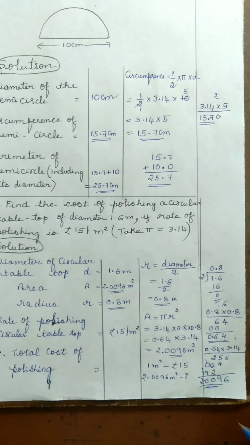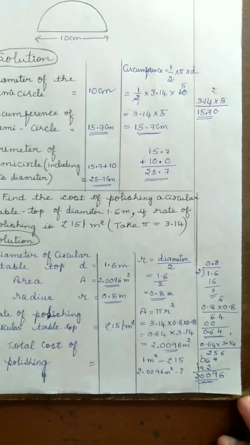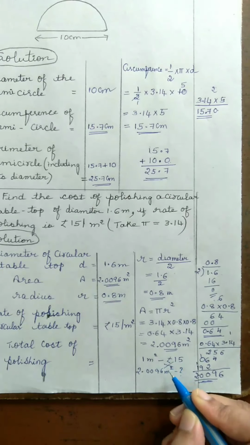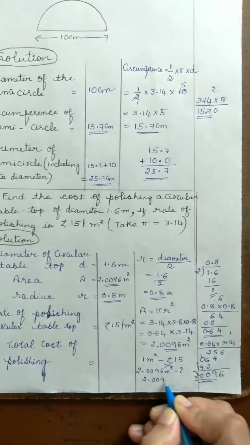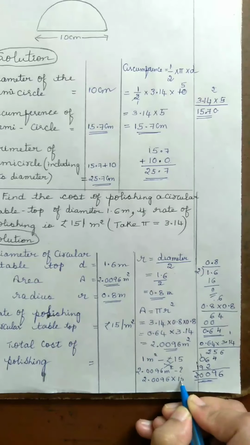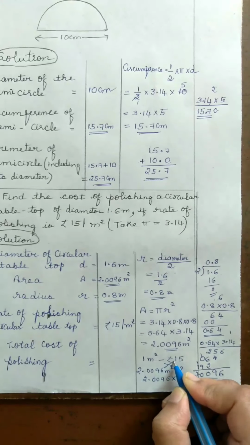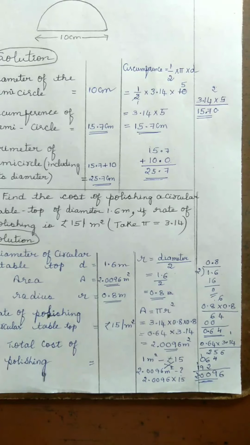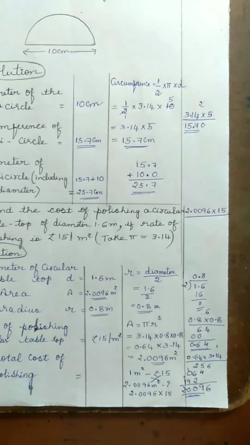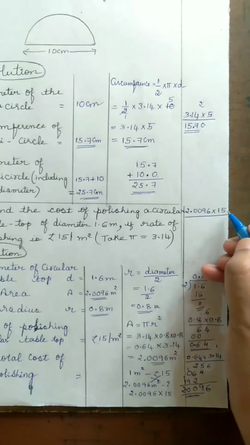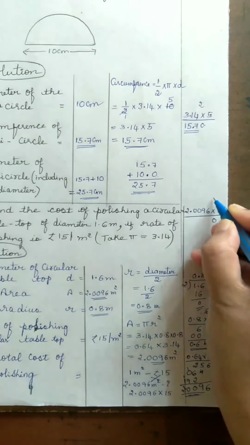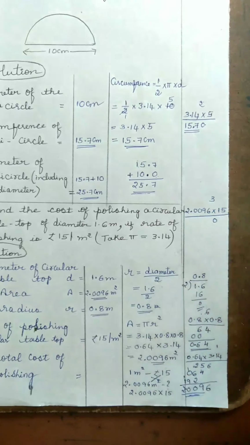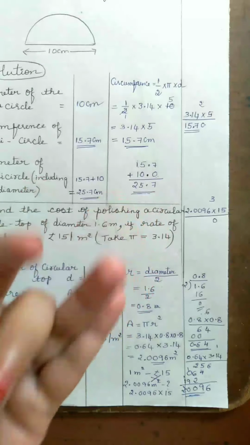So in order to calculate this, children, now let us cross multiply. So when we cross multiply, it will be 2.0096 into 15. Therefore on further simplification, 2.0096 into 15. So 5 6s are 30, 3 is remaining, 5 9s are 45, 45 plus 3, 48.